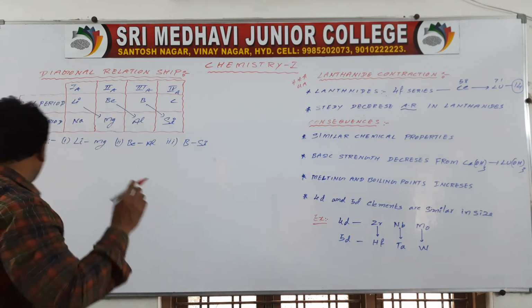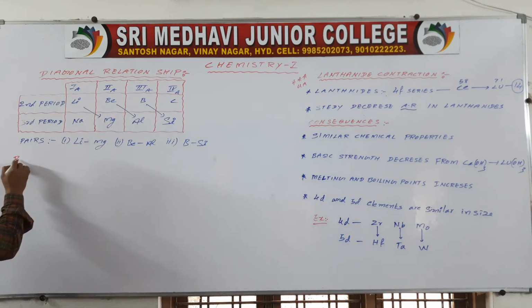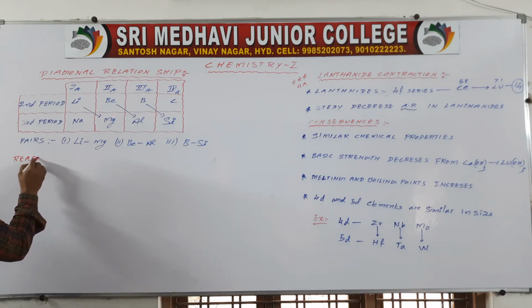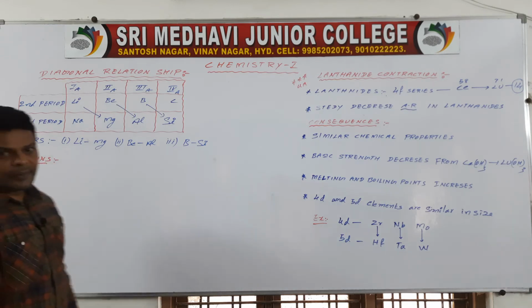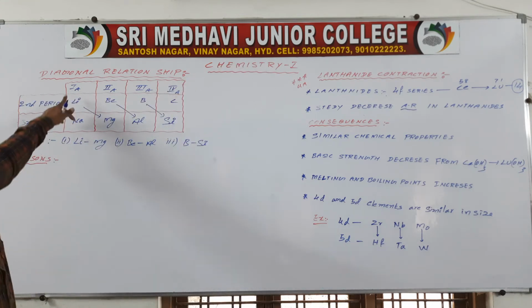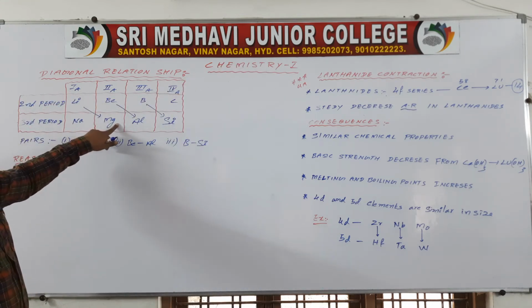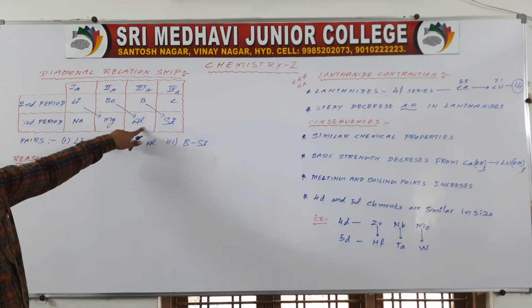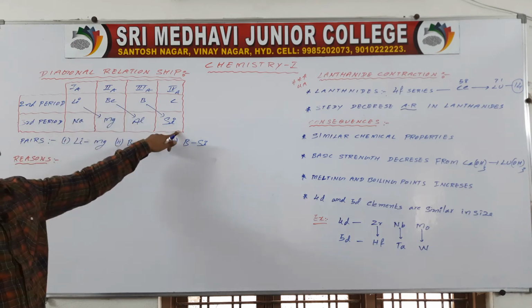Reasons we have to discuss. Why do these 3 pairs show similarities in chemical properties? Lithium shows similar chemical properties with magnesium, beryllium with aluminum, boron with silicon.